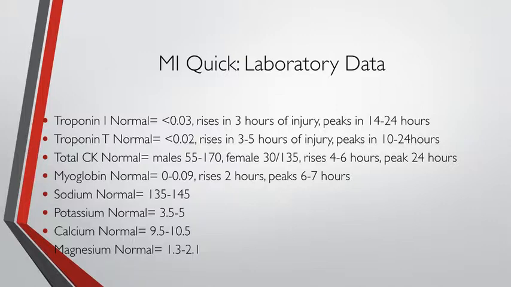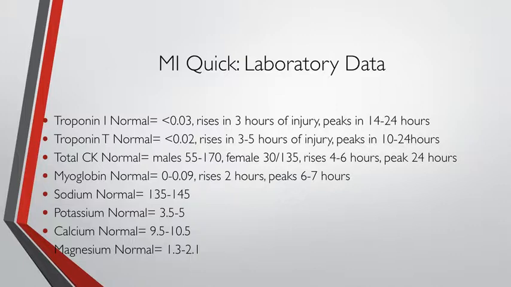So next we've got the CK, which is the creatine kinase. That can reliably indicate an acute heart attack. Myoglobin, you can see increased levels with a heart attack or with seizures. Sodium, if it's too low, we can see tachycardia, low blood pressure, or hypertension.